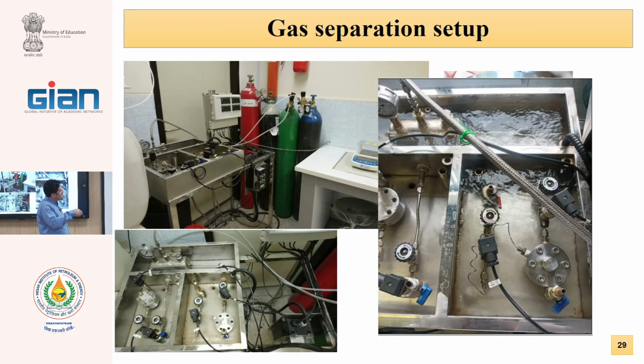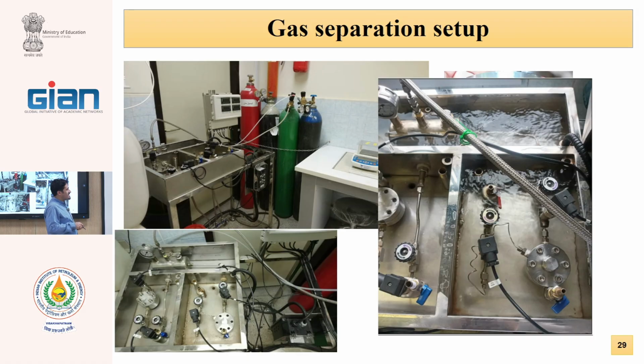In this cell, we have a membrane. We located the membrane. And these black ones are pressure transmitters. All our pressures are measured, and we can see on this panel all of the pressure and temperature.